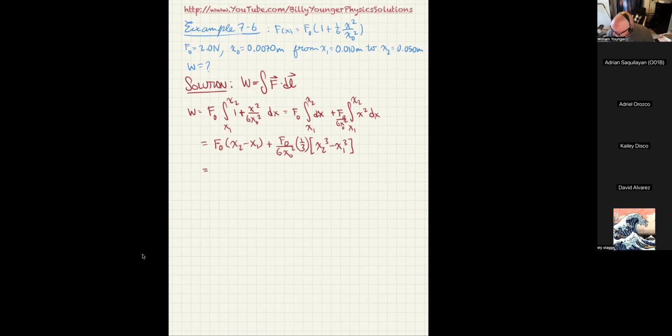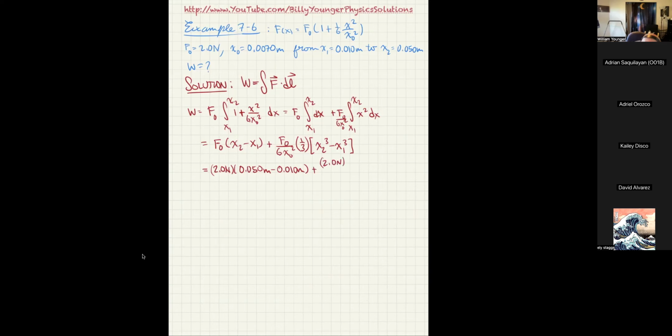Now I just got to put in the numbers. And we have 2.0 newtons times 0.050 meters minus 0.010 meters. That's for that first term, plus 2.0 newtons.